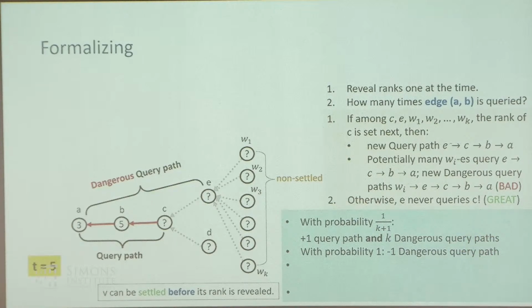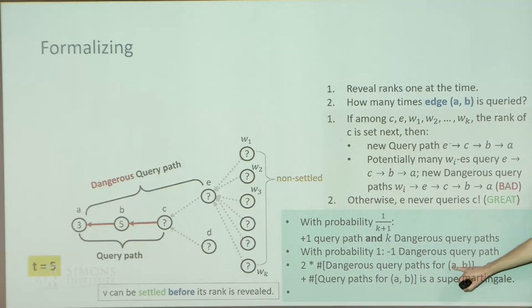And now you write down a quantity, this one, which I simply want to track: 2 times the dangerous query paths for vertex AB, meaning those that end in AB, plus the number of query paths. And that, surprisingly, is a supermartingale, meaning that if you look at its behavior over time, it is non-increasing.